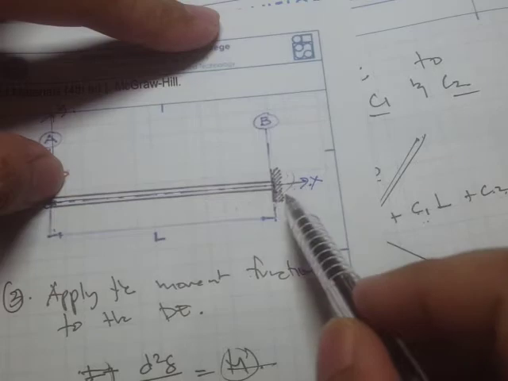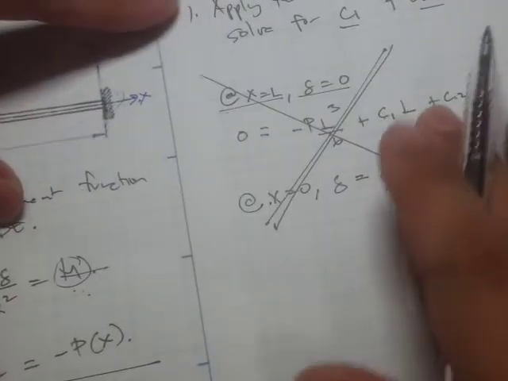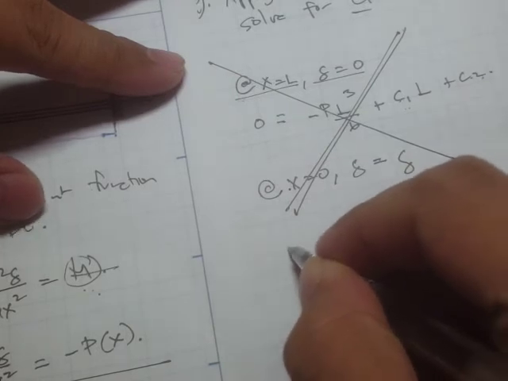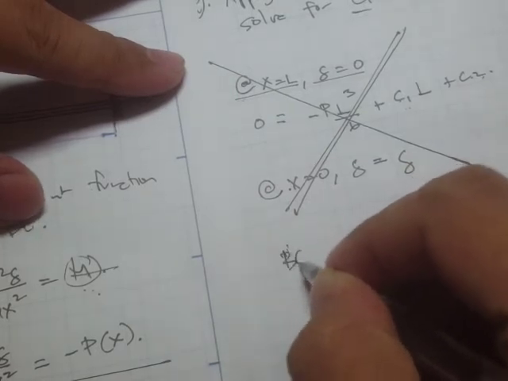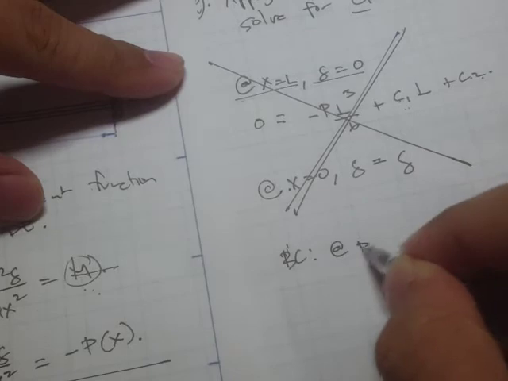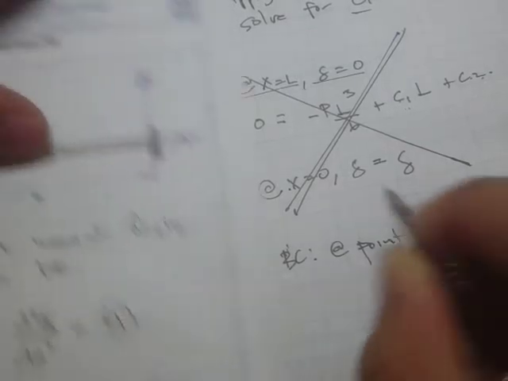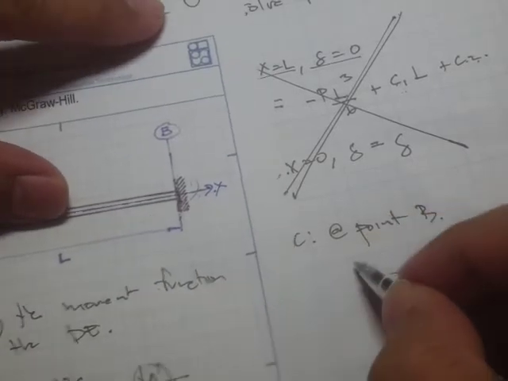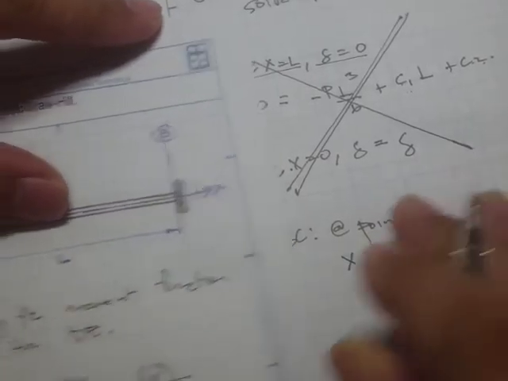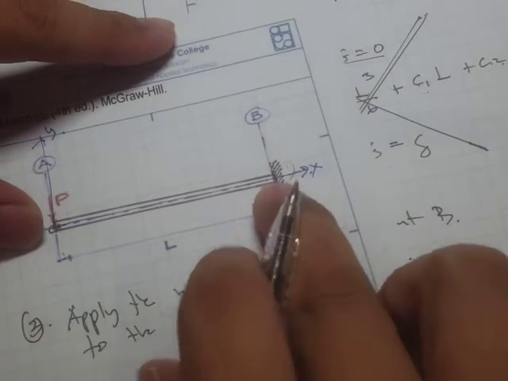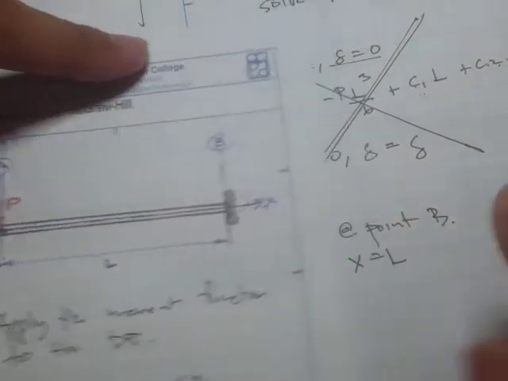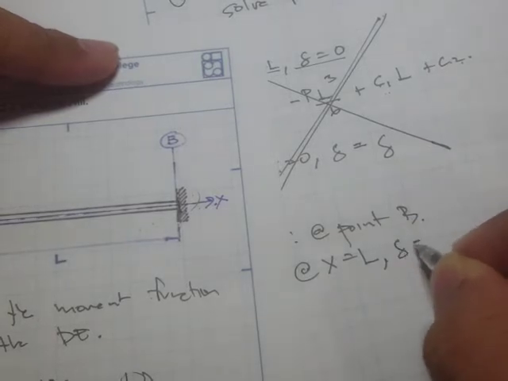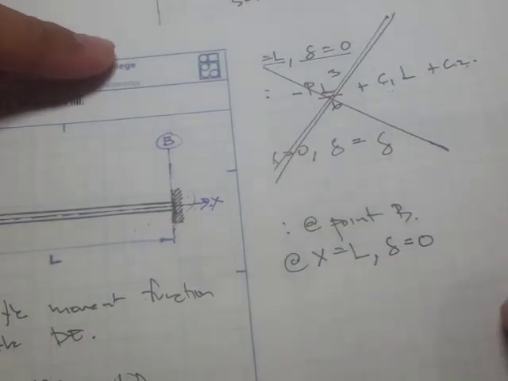Because we only have to consider this fixed end, the boundary conditions would be at point B, at this point, x is equal to L, right? If the distance is L, what's the deflection right here? At x is equal to L, the deflection is equal to 0, right?